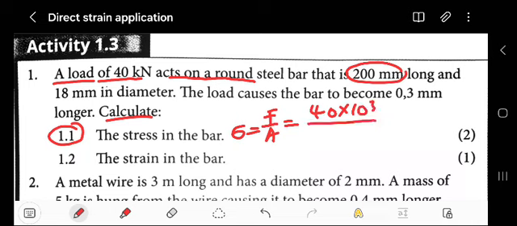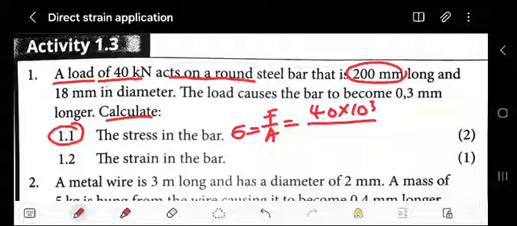Then what about the area? This is the round steel bar, and it has a diameter.